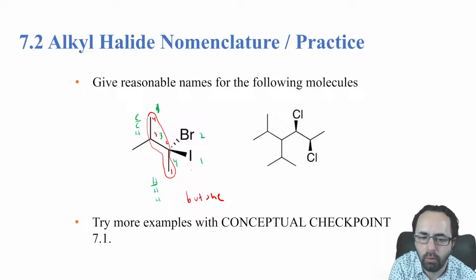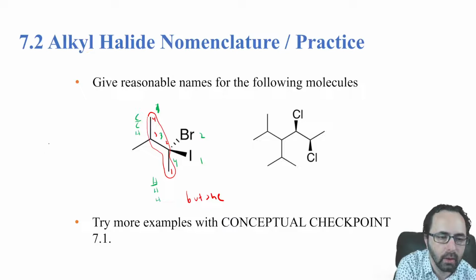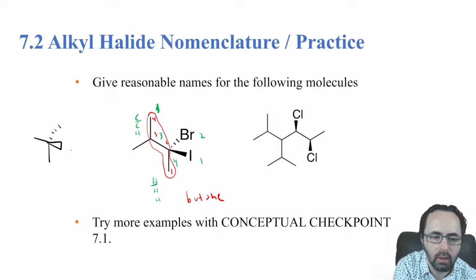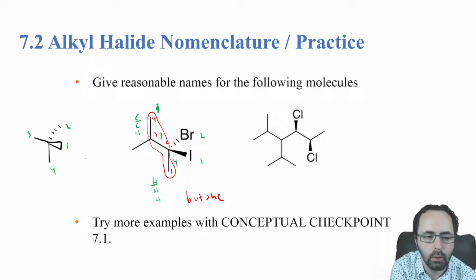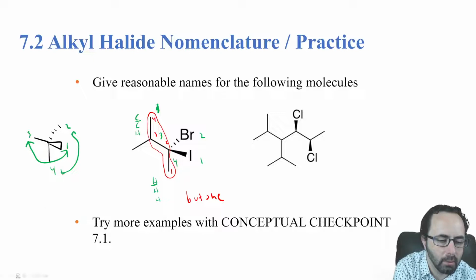Now we don't have number 4 on the dash, so we'd have to redraw this. Wedge, dash. Our numbers are 1, 4, and 3. We're going to do a double switch here. Now here we need the 4 to get on the dash, so I'm going to switch the 4 and 2, and I'm going to switch the 1 and the 3 to make this happen.